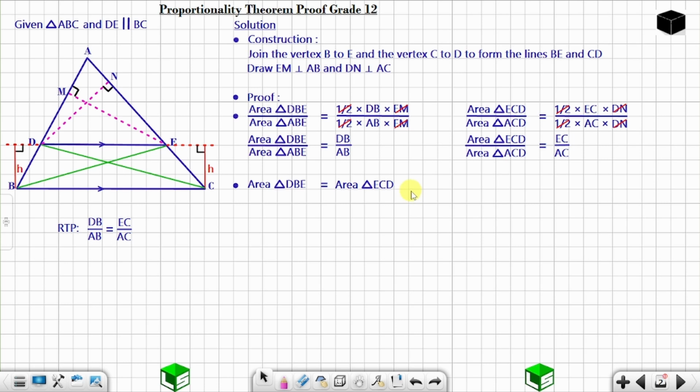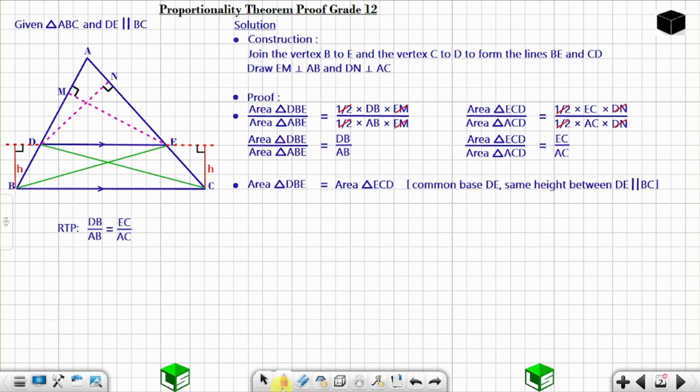The reason, always write the reason, is that you have a common base DE and the same height between DE parallel to BC. So this area is equal to this area.